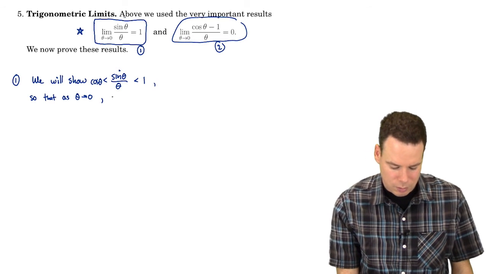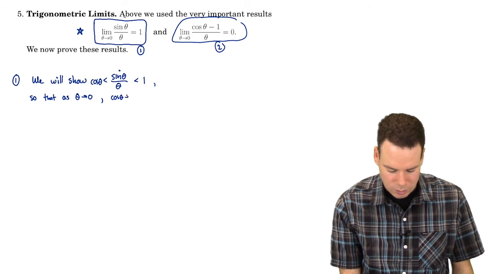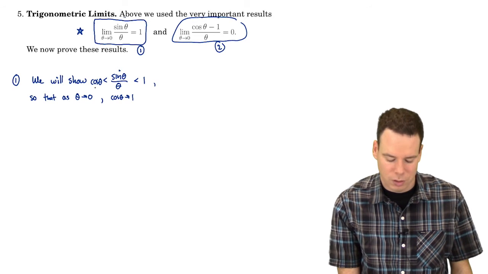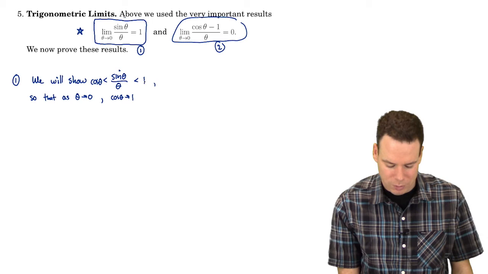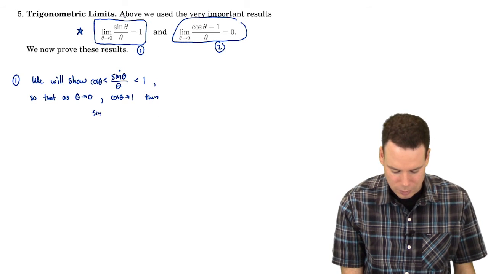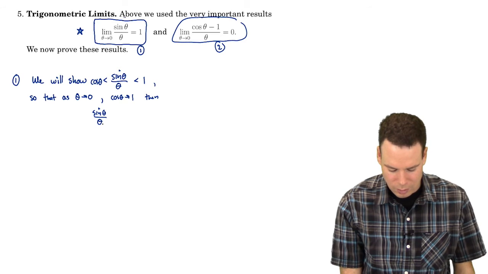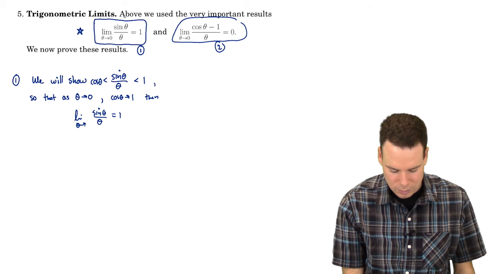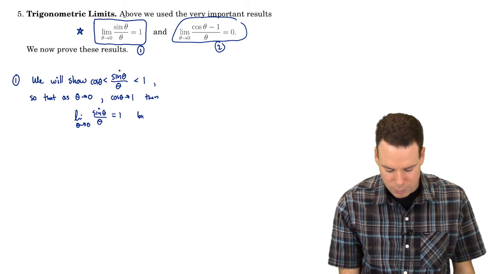As theta goes to 0, cosine of theta goes to 1. So sine of theta over theta is bigger than something that is going to 1, but it's also got to be smaller than 1. Then we would conclude that the sine of theta over theta is trapped between 1 and 1, so it has to be 1 in the limit. And that's by the squeeze theorem.